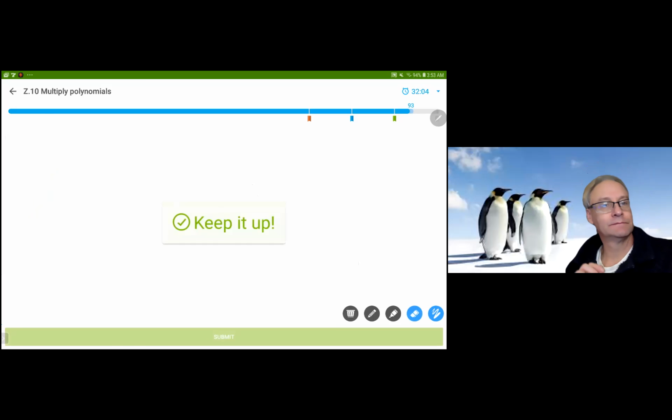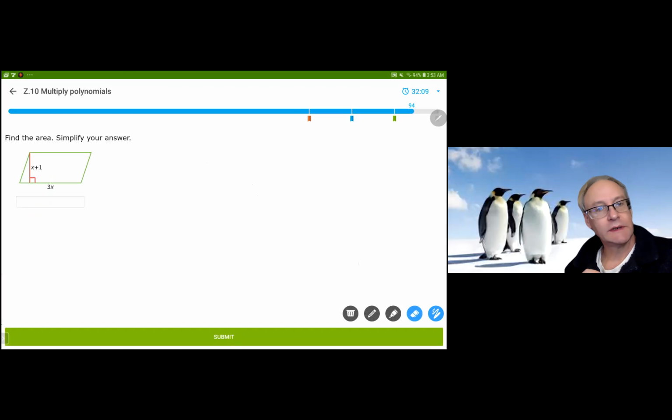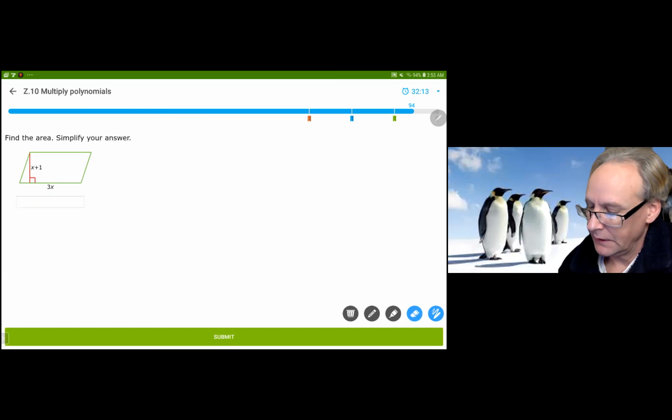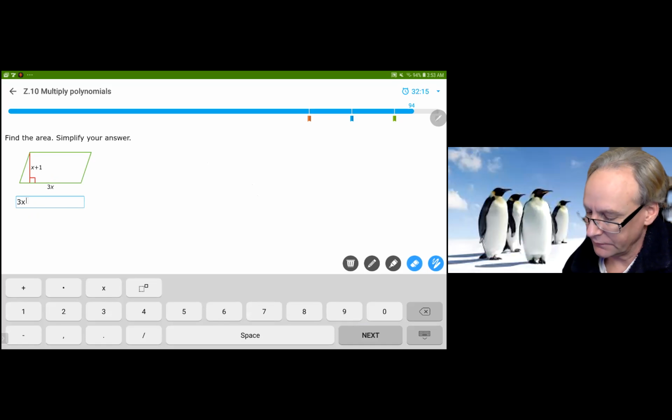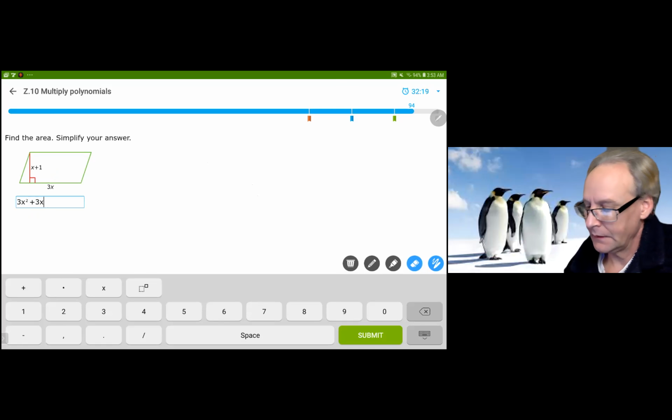And there it is. This one is just going to multiply my base times my height, and we get 3x squared plus 3x. That's all. Distribute.